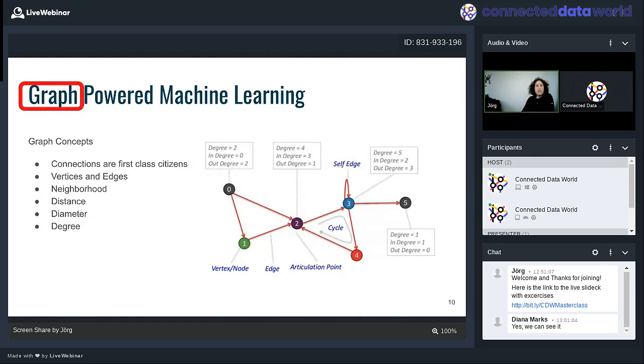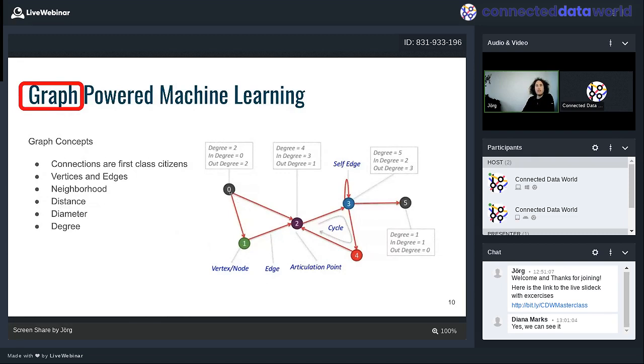A graph consists of vertices and edges, or nodes and connections in between. Then we have the concept of neighborhood, which is basically the directly connected nodes. For example, here, the neighborhood of our node 0 is 1 and 2 because they are directly connected. Furthermore, we have the notion of distance.